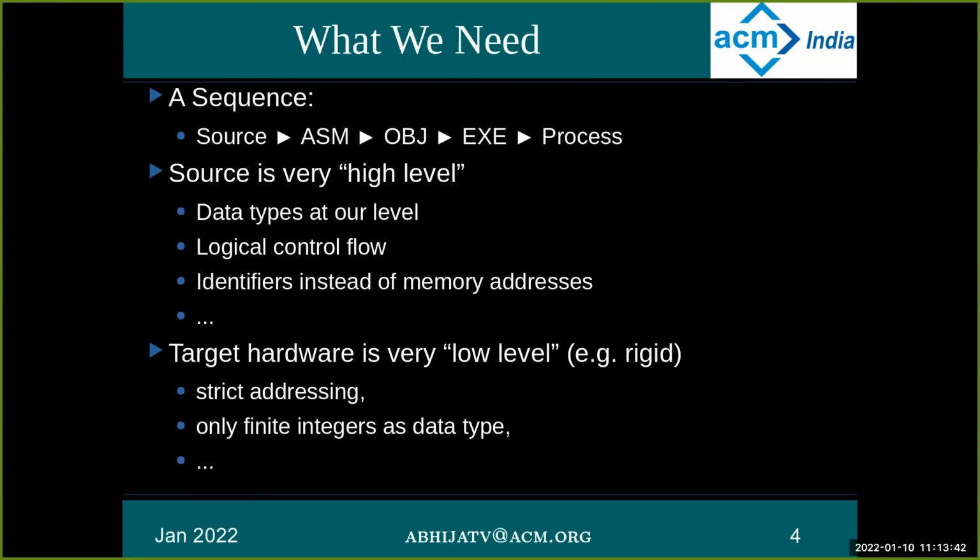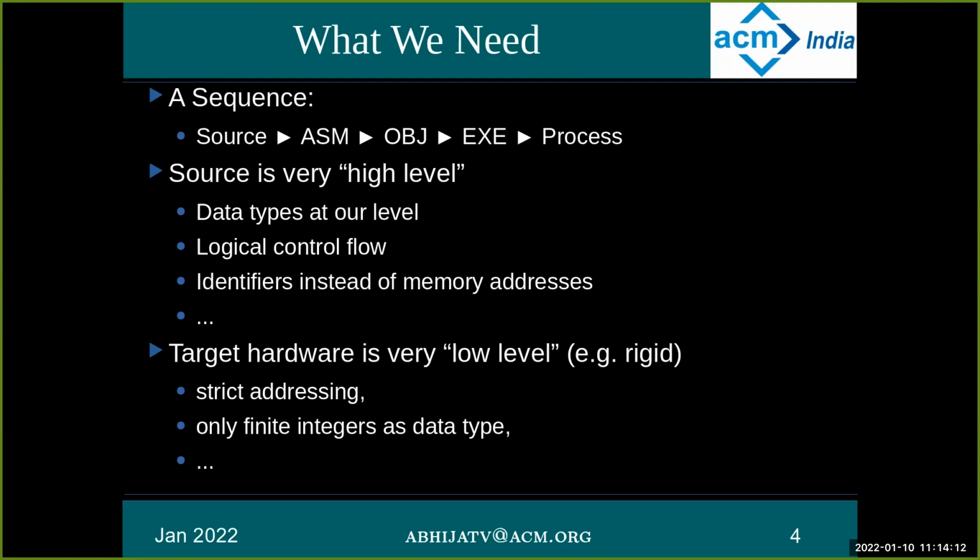What we already know, something that we have also seen in the last session, is our typical sequence: from a source code, we construct our assembly code, from which we construct our object code, from which we construct our executable code, from which we construct our process. Okay. The source is very high level. The data types are at that level, meaning high level. There is a logical control flow, and so on and so forth, something that we just saw.